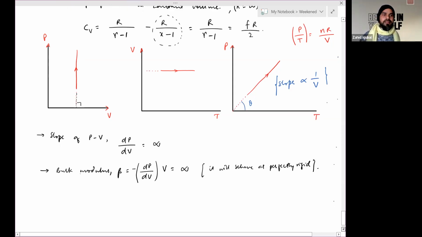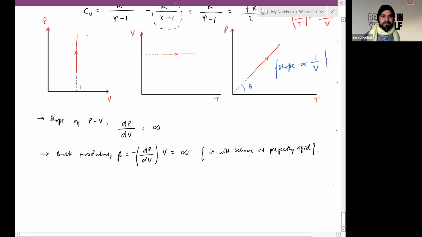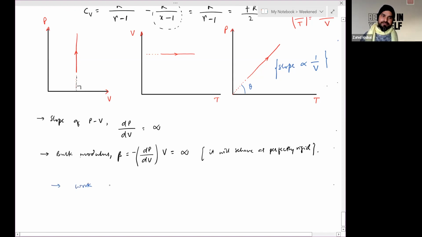Now next, according to this curve, we have to calculate amount of work done. So work done is area under the pressure volume curve. For this part, it is just a line. There will be no area inscribed since volume change will be zero. So work done in this case will be zero.